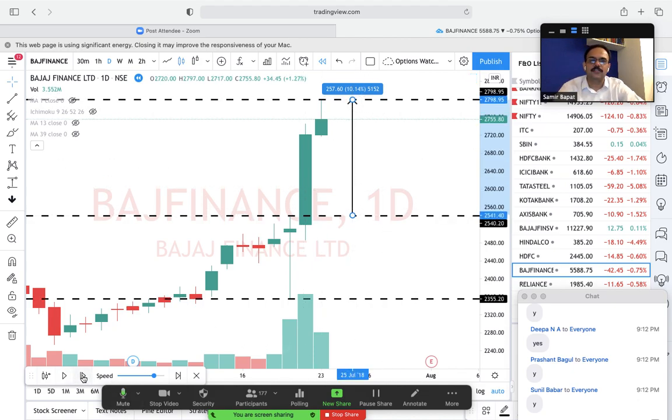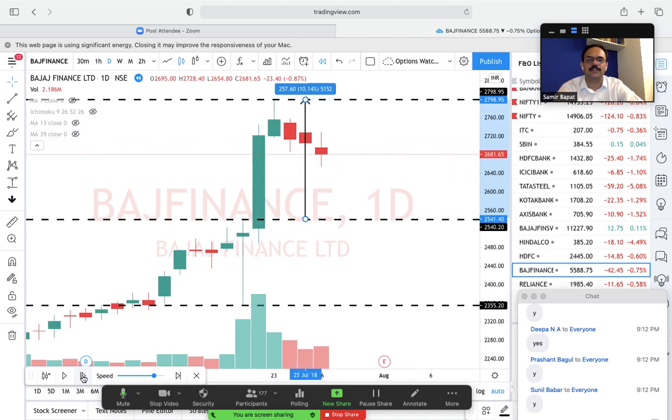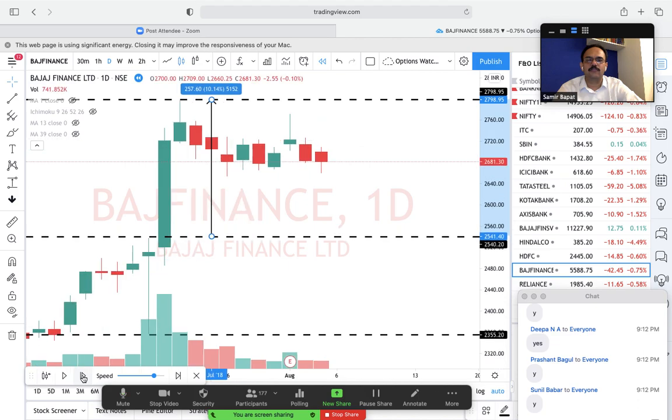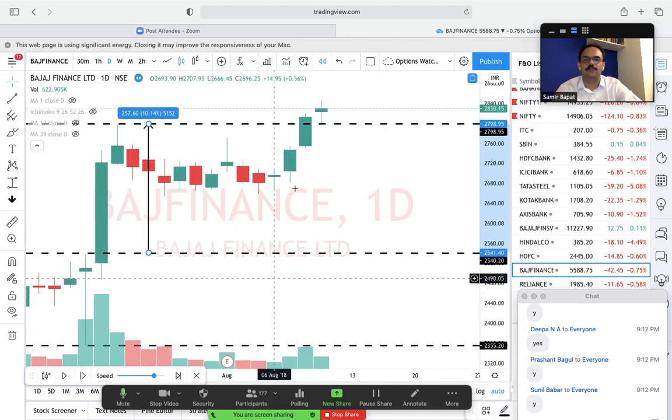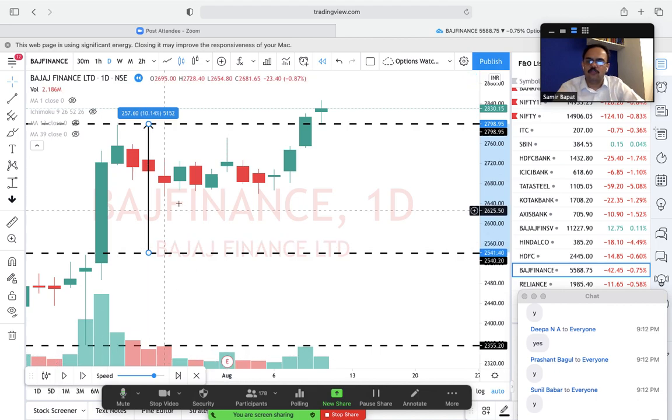Luckily this stock crossed 10% within a few days, it took some time to reach 10%, and we can exit at 10%. So this is a strategy where you can capture 10% when it is going up after the earnings date. What is the importance? You don't have to worry. There are almost 200 good companies, and you have 4 quarters, so 200 into 4, 800.